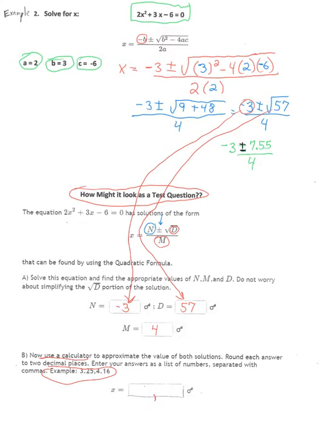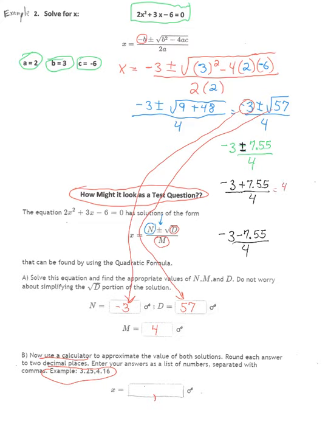Our first one is -3 plus 7.55, the whole thing over 4. And the second answer, I'm going to use the minus sign: -3 minus 7.55, over 4.